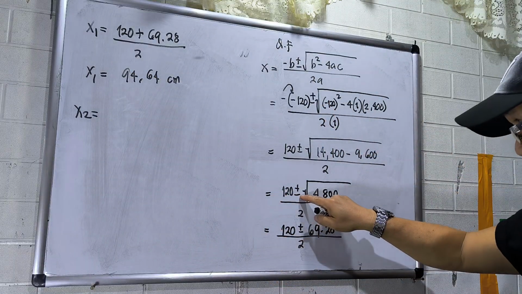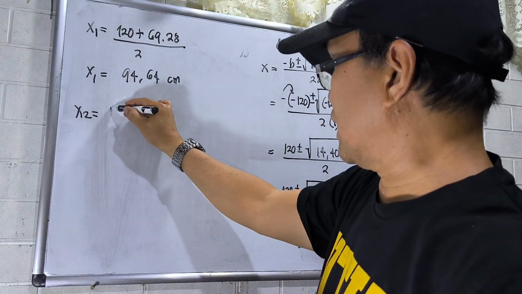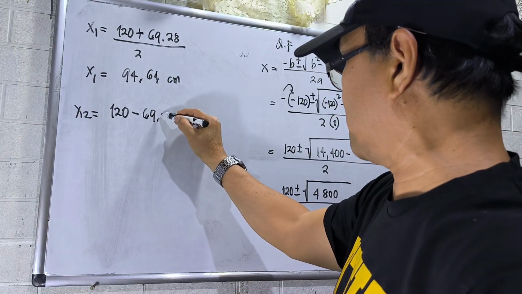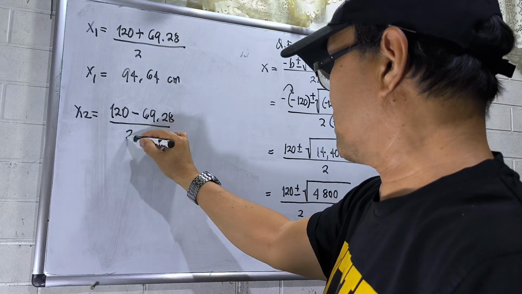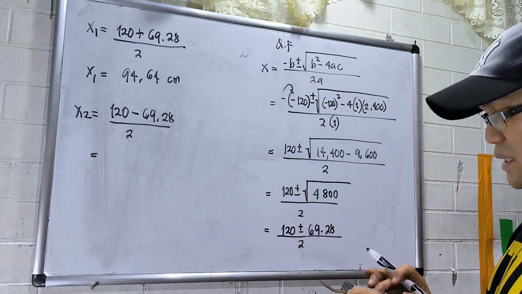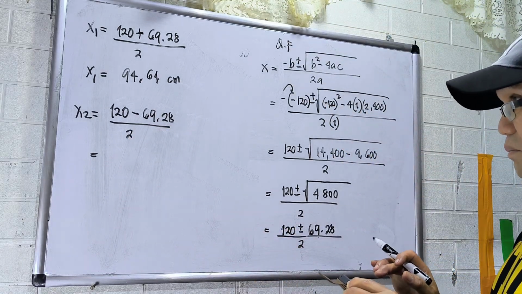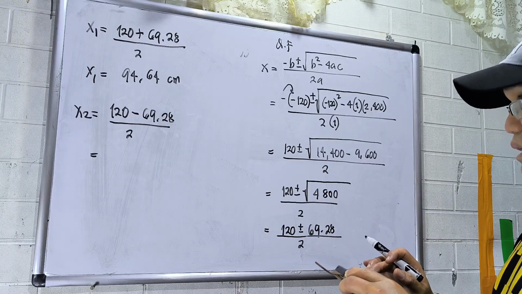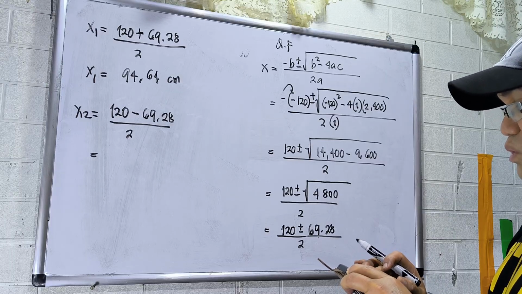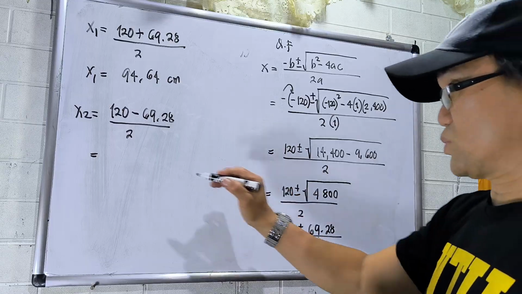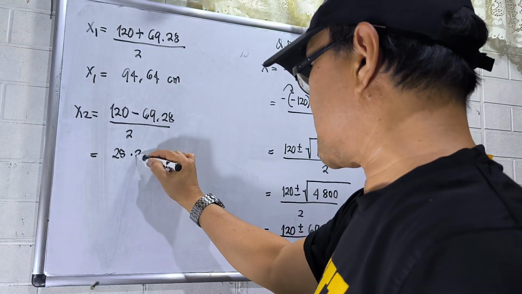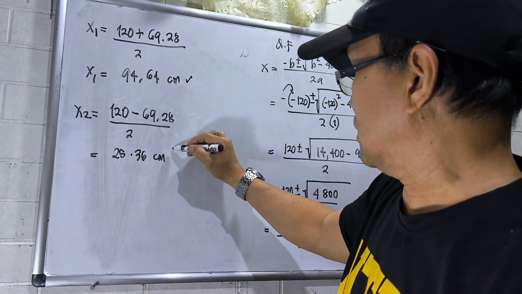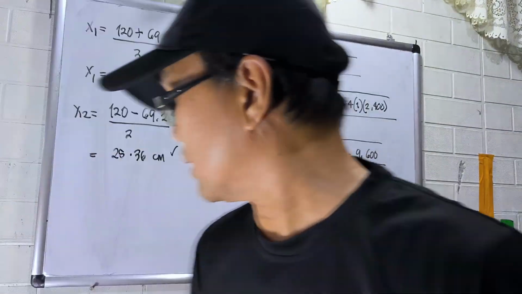This one, I will use the negative sign. So 120 minus 69.28 over 2. So 120 minus 69.28, then divide by 2. So this will be 25.36 centimeters. Okay? So there are two. We have to use that one.